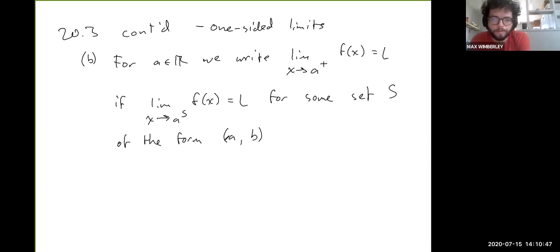Okay, so basically here S is just a set that's an open interval just to the right of a, so just some numbers just above a.